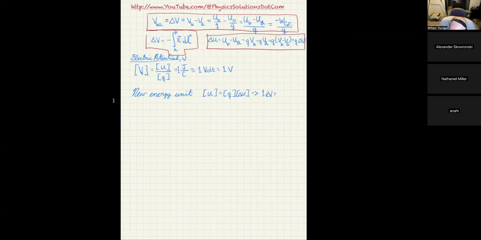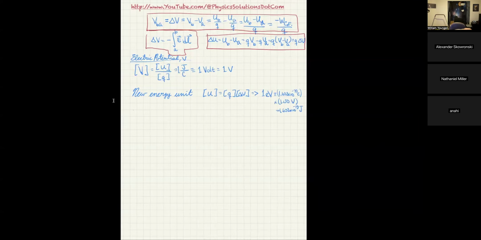1 electron volt is defined to be 1.602 times 10 to the negative 19th coulombs times 1.00 volts, which of course equals 1.602 times 10 to the negative 19 joules.